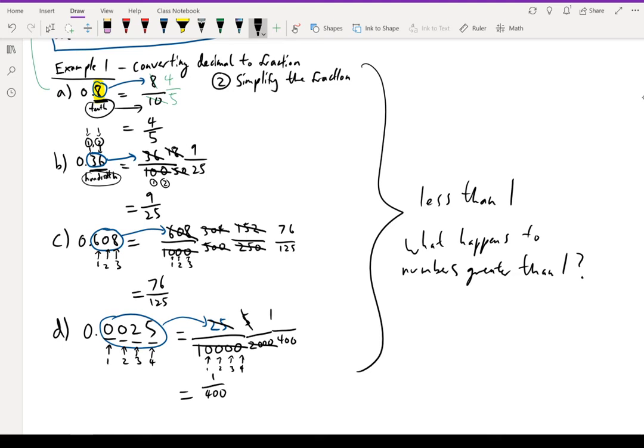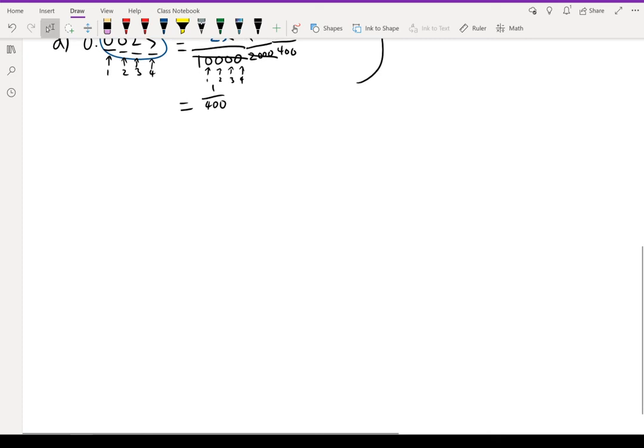For example, if I have 1.5, 2.5, 3.36, 6.608, or so on, how do I write those numbers as a fraction or a mixed number? Well, that goes into our example 2.